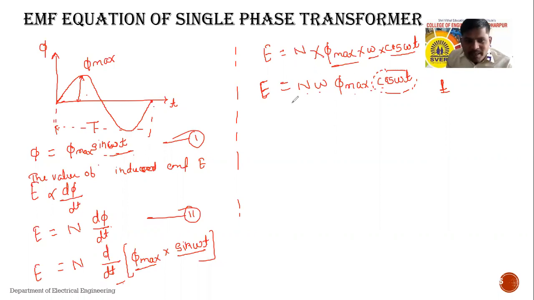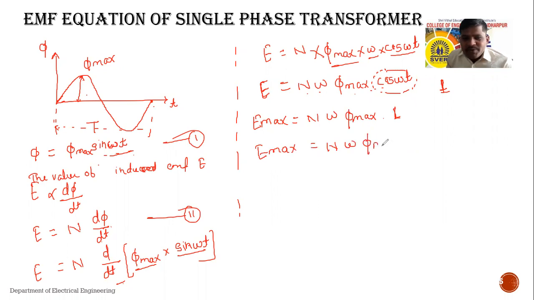So here I am representing E max, or E maximum, equal to n omega phi max into 1. So E max is equal to n omega into phi max.